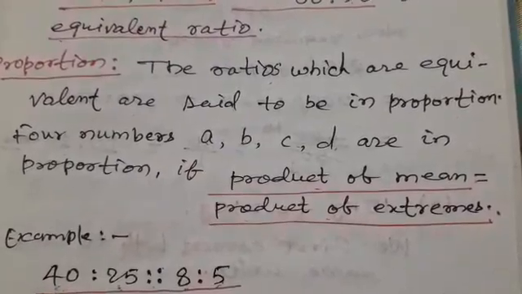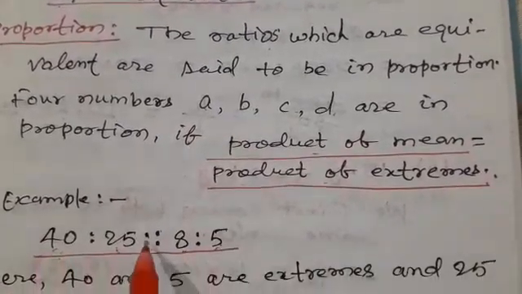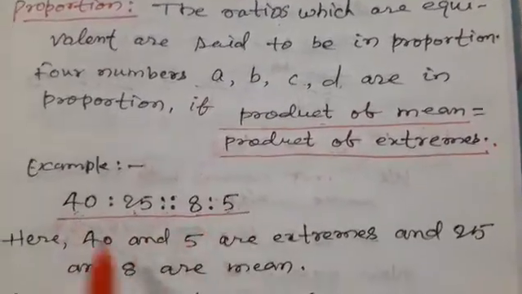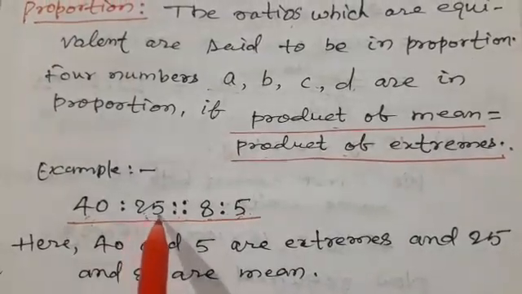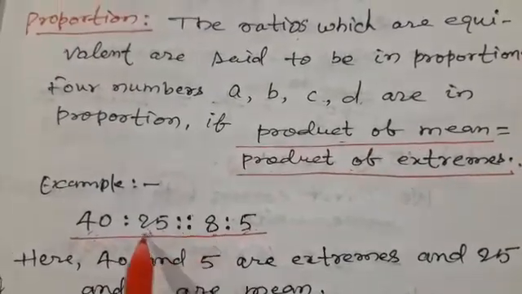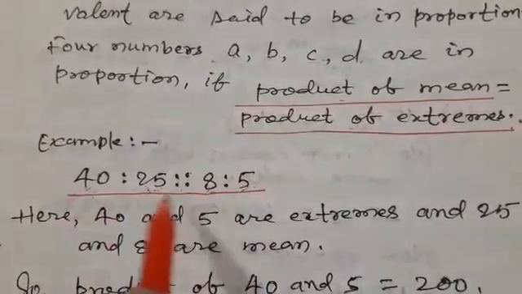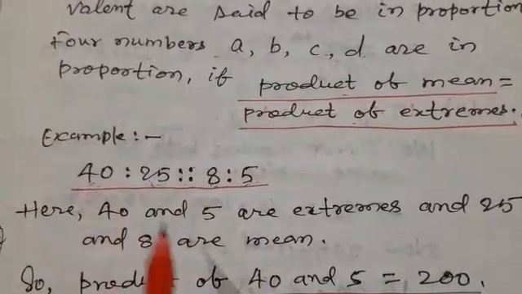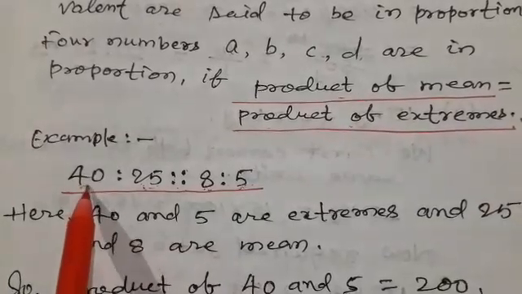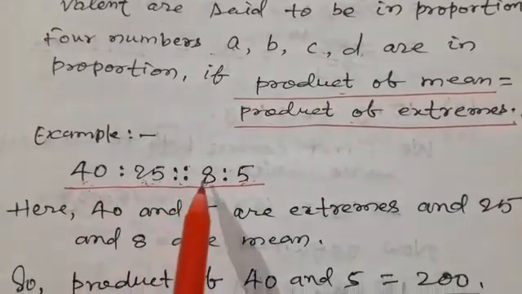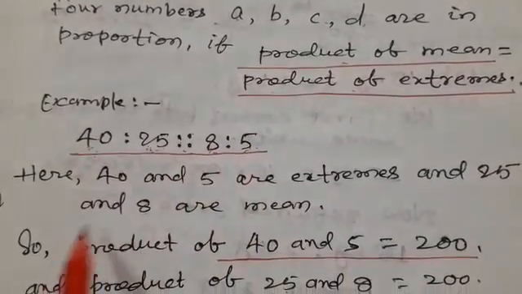For example, 40 is to 25 in proportion 8 is to 5. When we multiply the mean terms 25 by 8, it becomes 200, and multiplying 40 and 5, it also becomes 200.